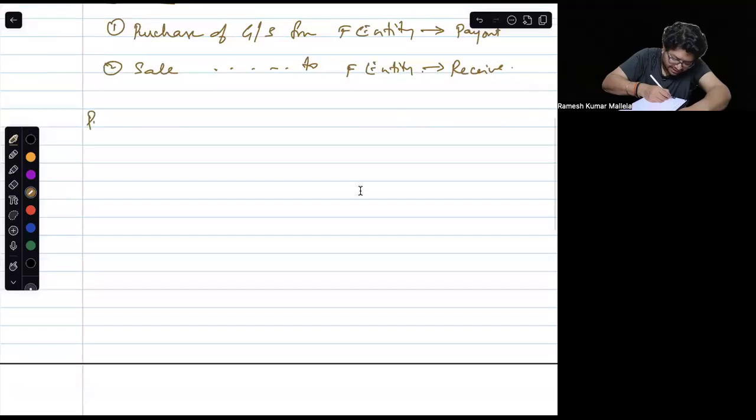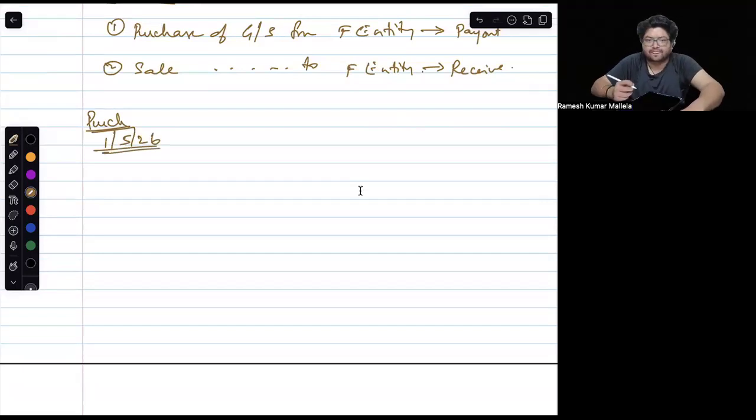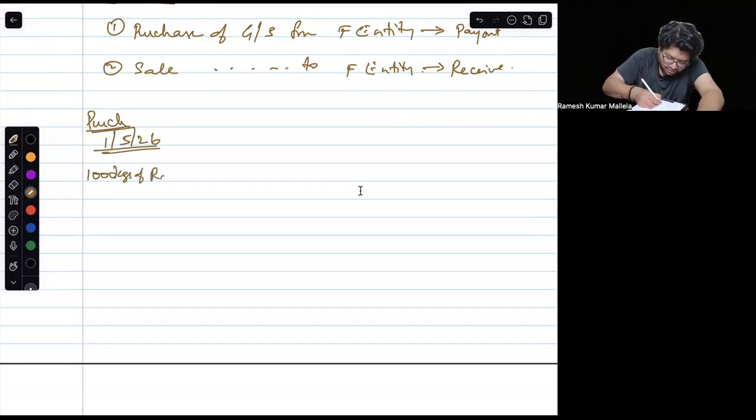So first, purchase. Say on 1/5/26, I ordered 1,000 kgs of raw material from Japan.